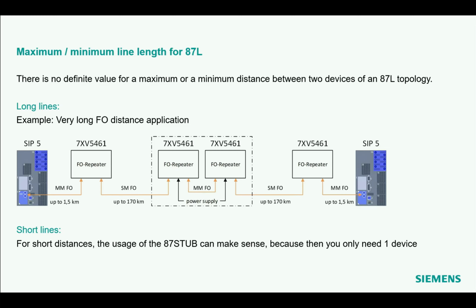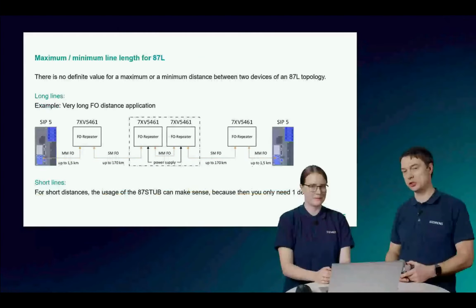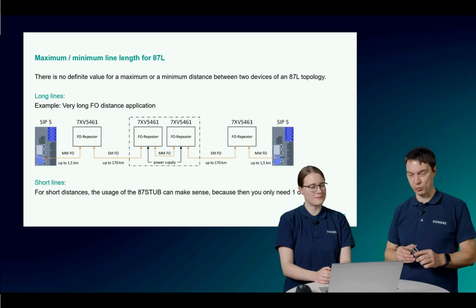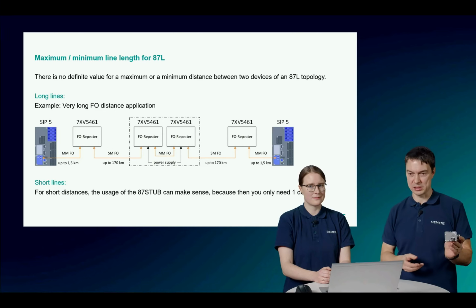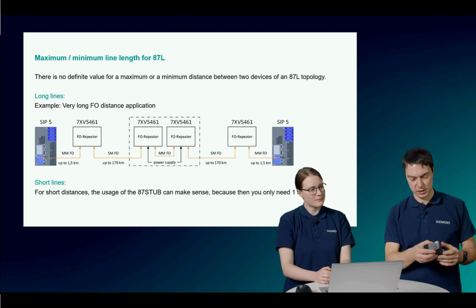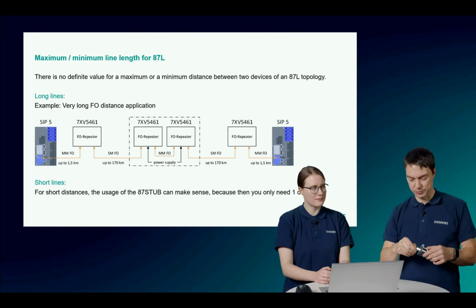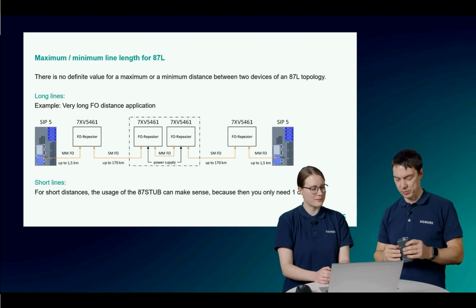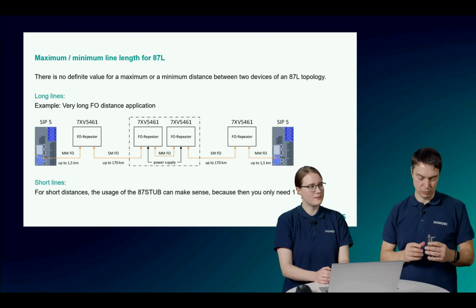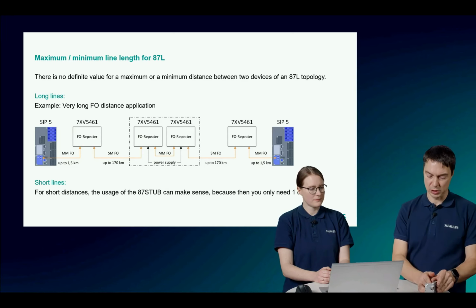We normally use communication modules with an SFP, and the SFPs for the communication modules in the devices have a limitation of up to 100 kilometers. So, for example, this is such a communication module, and the SFP used in the module is such a small unit. We have a limitation for the modules of about 100 kilometers.